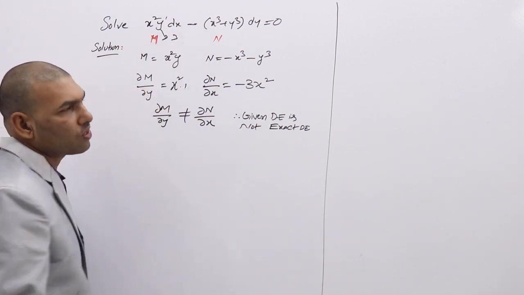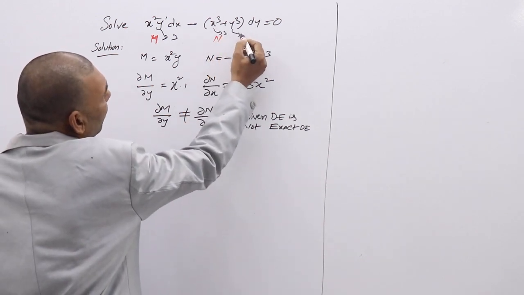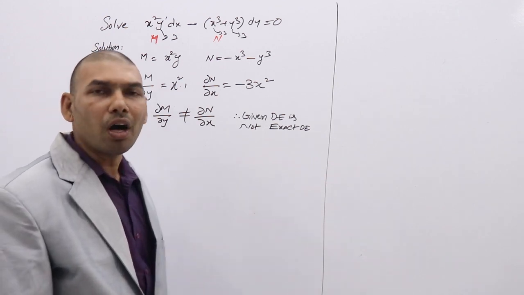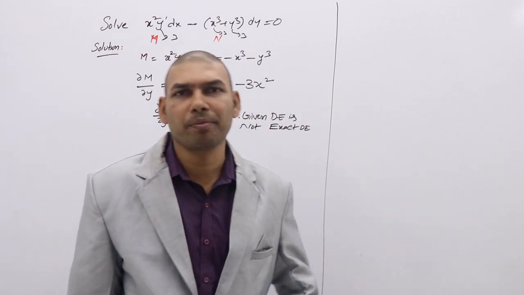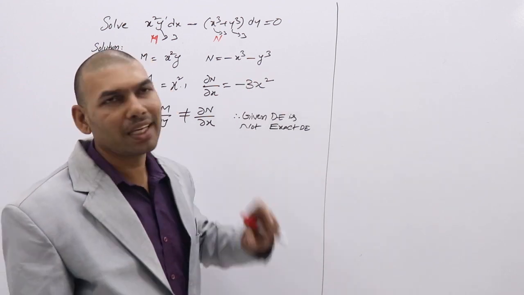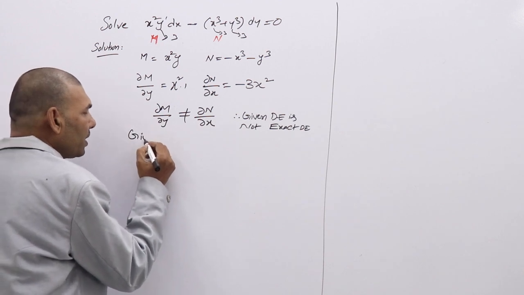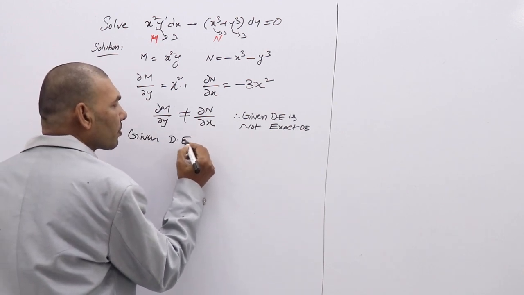So degree of x square y is 3. Degree of x cube is 3. Degree of y cube is 3. So all the terms have the same degree. Then we say that the DE is homogeneous.